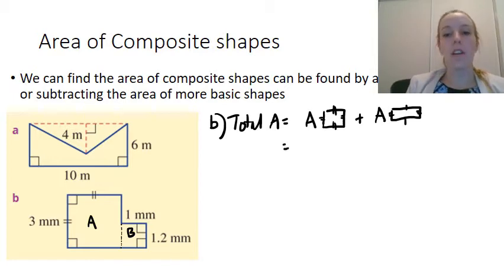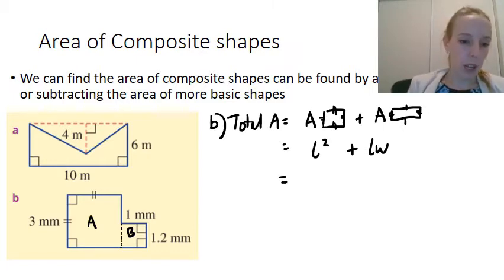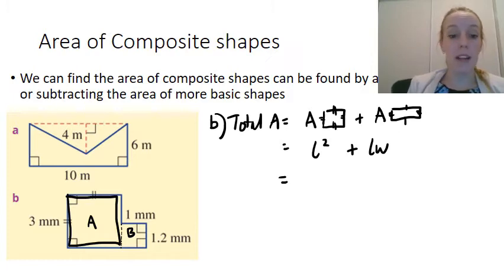So the area of the square, which is A, is length squared, plus the area of a rectangle, which is length times width. For this area A, my side length is 3 millimeters, so it's 3 millimeters squared, plus the area of my second shape, which is length times width, which is 1 millimeter times 1.2 millimeters.